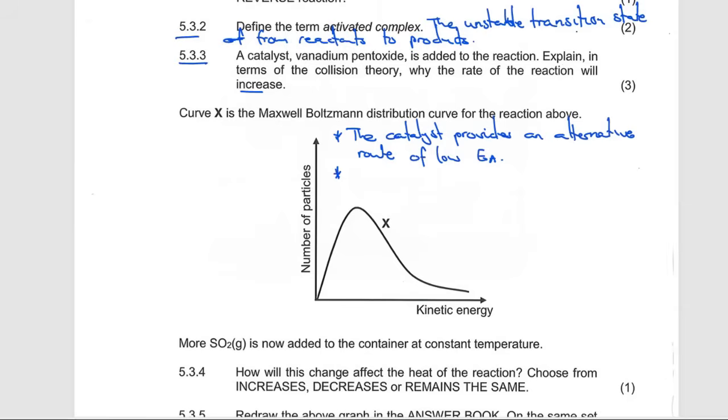Then more molecules have sufficient kinetic energy, which I'm just going to write as EK. It means that they are going to have more effective collisions taking place per unit time.